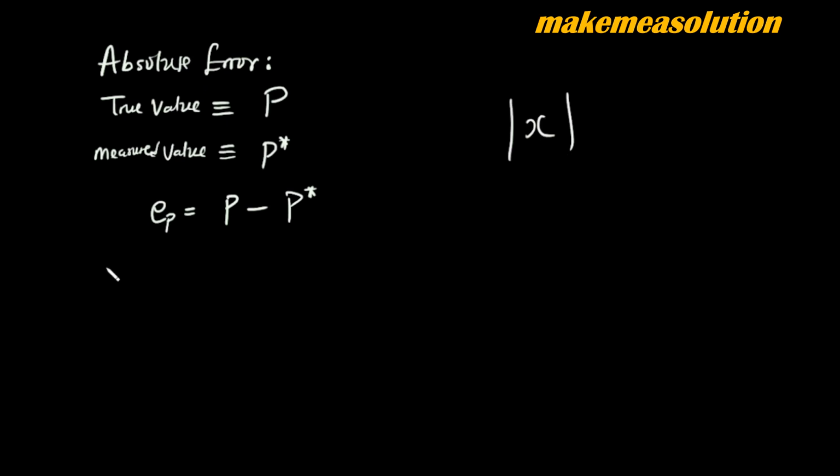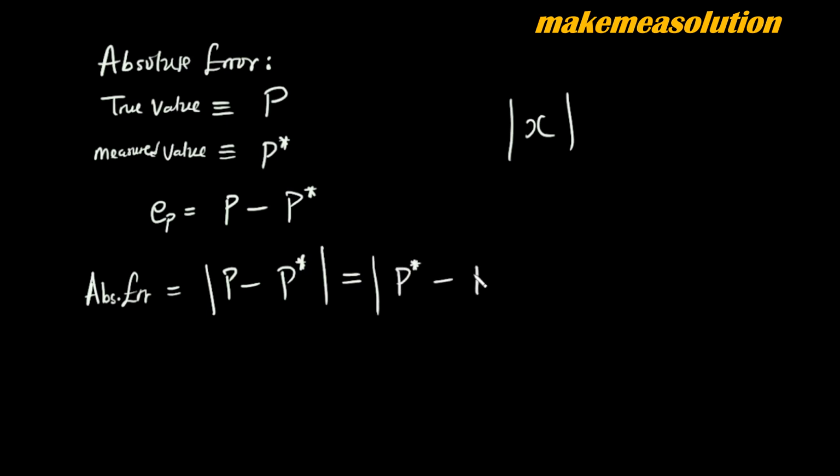So I can actually write it like this. My absolute error is equal to the true value minus the measured value. Is that okay? Some people will take it like this, measured value minus true value, still the same thing. Another symbol for expressing absolute error is the delta operator.